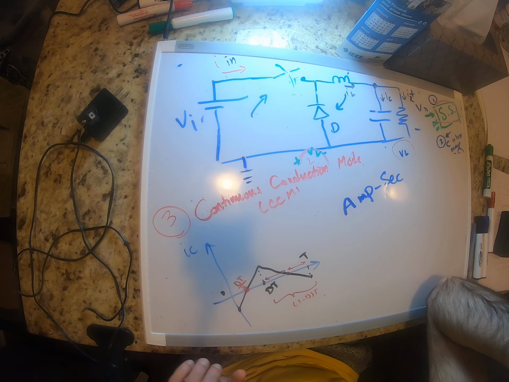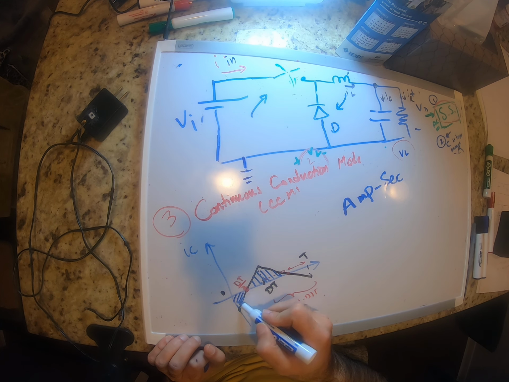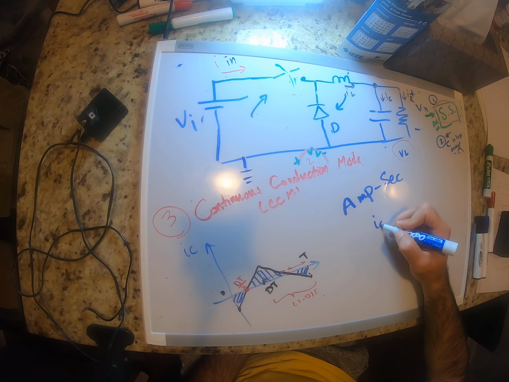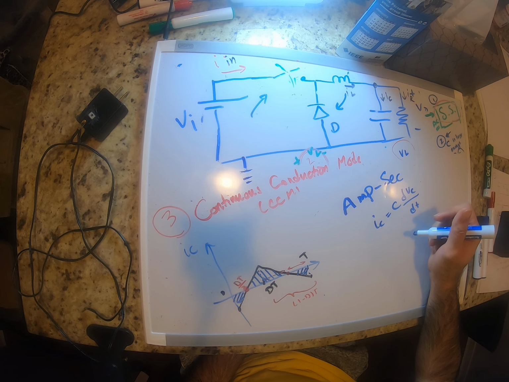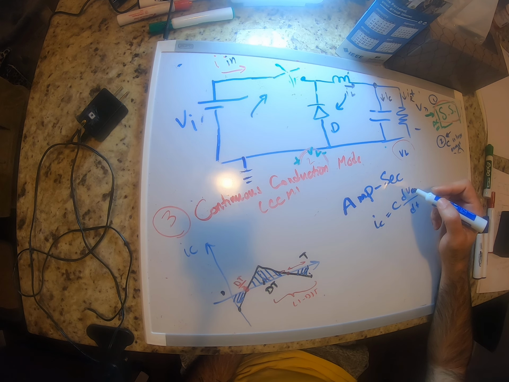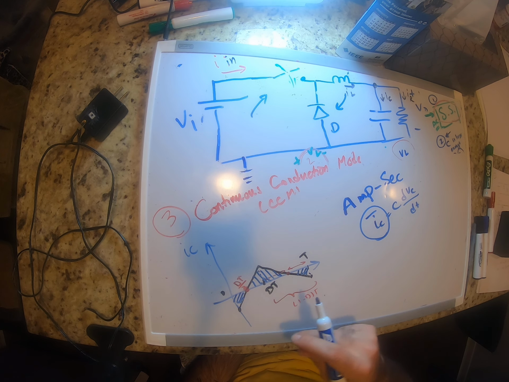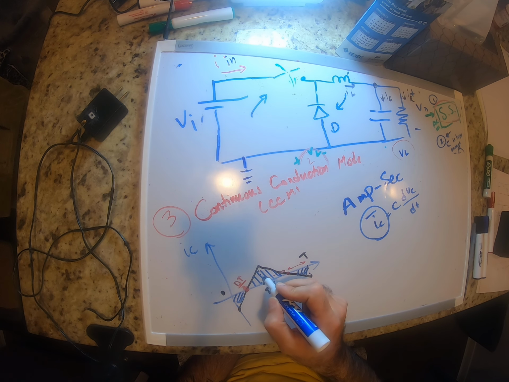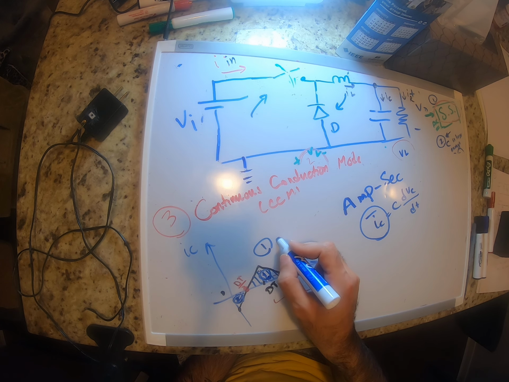The amp-second balance tells us that this area has to be equal to the summation of these two areas. In order to be in the steady state, the average of IC has to be equal to 0. It means that the net area below the curve has to be equal to 0. So this area has to be equal to these two areas added together.